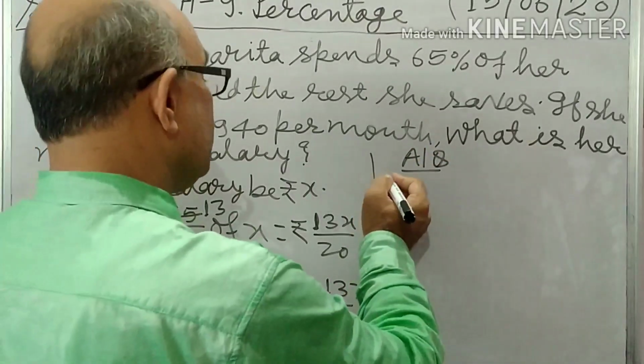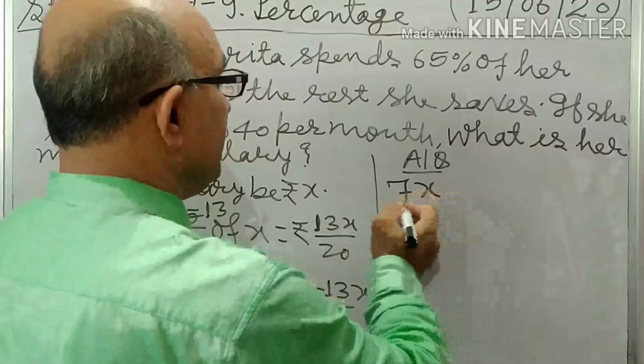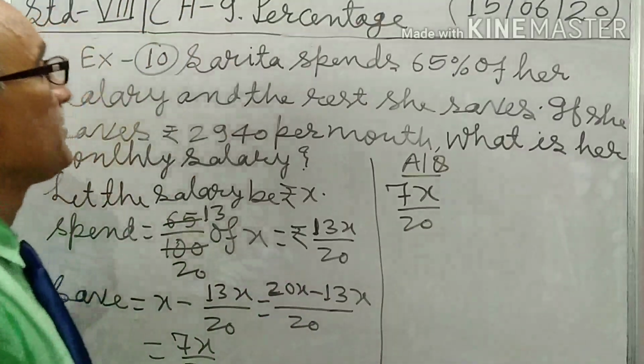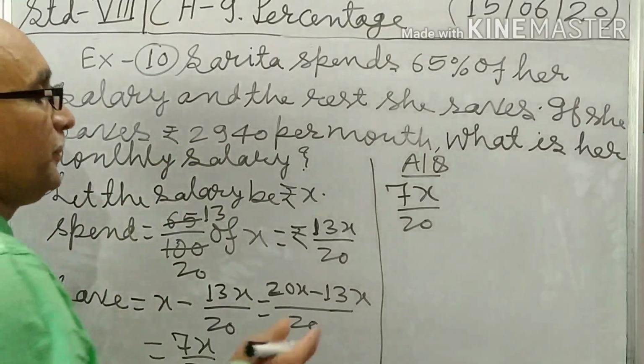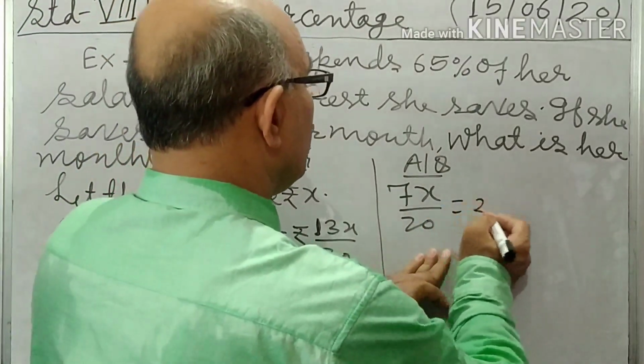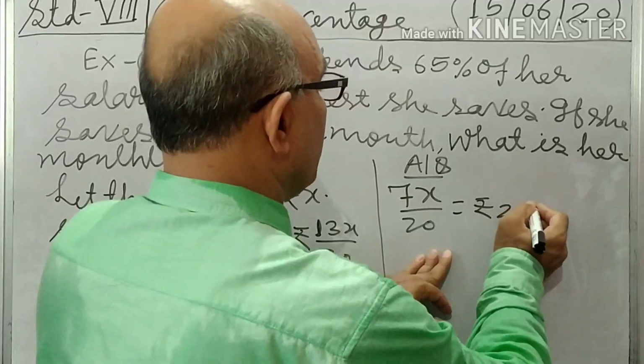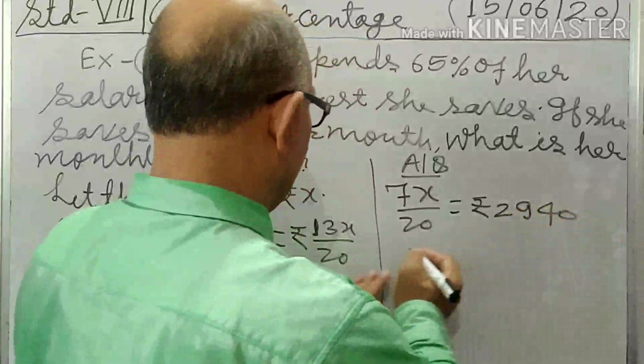According to the question, 7x by 20 is the savings, and the given savings are rupees 2,940, so it equals rupees 2,940.